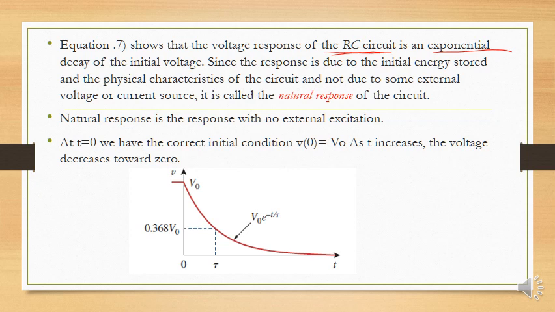It is a decaying function, reducing, its value coming down towards zero. The response basically depends on the initial energy stored in the circuit. What was the initial energy? This V naught is very, very important.